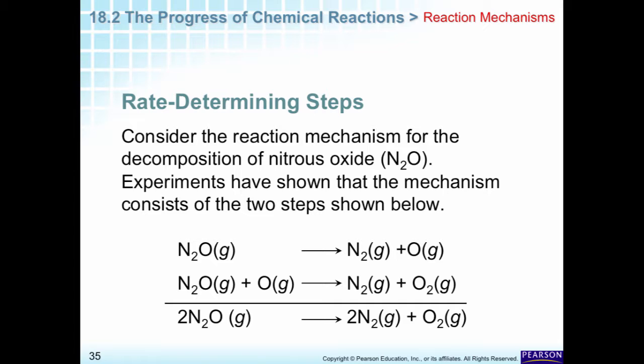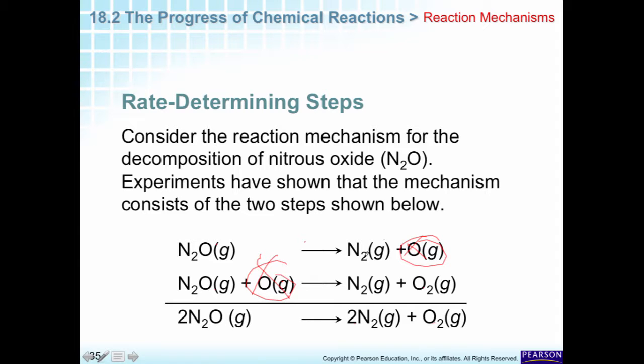And so then we add up both sides of the equation, and what happens in this equation is that since oxygens are on opposite sides, they get crossed out. So we bring the N2O's down. We got 2 of them. We bring the N2's down and O2. Because these get canceled out, it's only the O2 that remains. So that's the net equation.